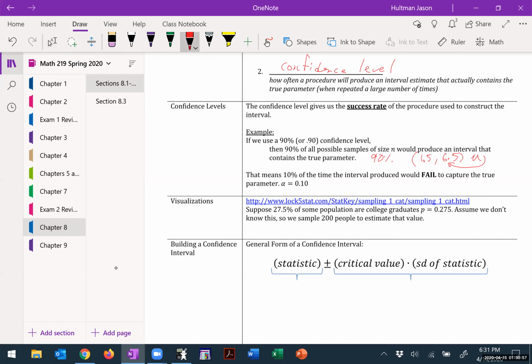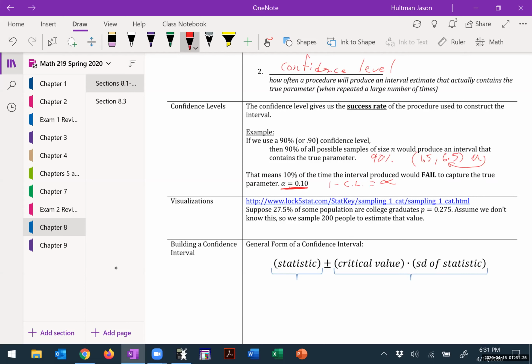That means 10% of the time, the interval produced would fail to capture the true parameter. We say that failure rate, or 1 minus the confidence level, is equal to alpha. Alpha is just a Greek letter A. That's all it is.